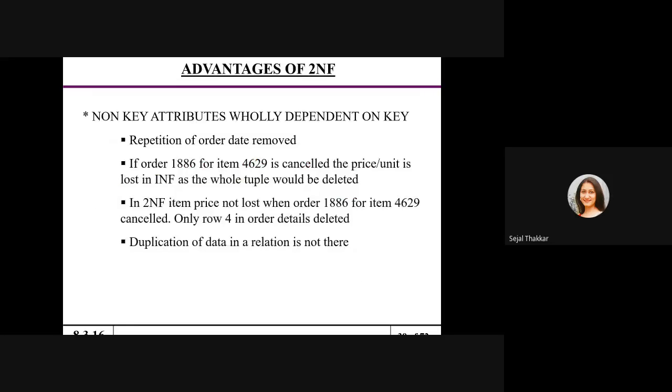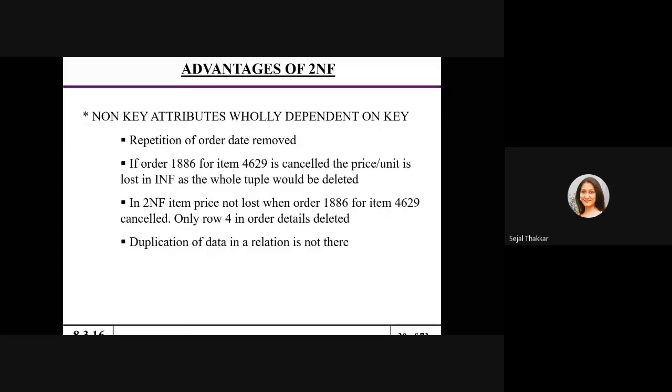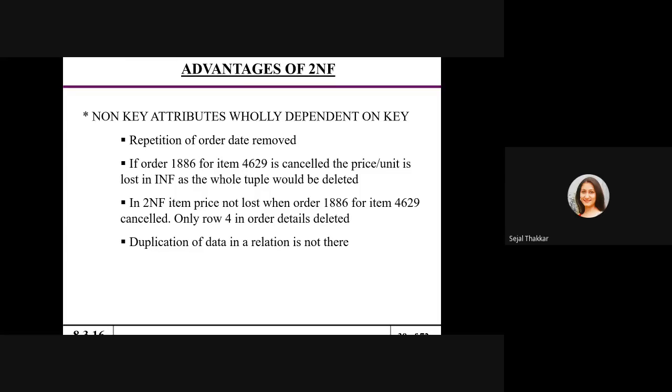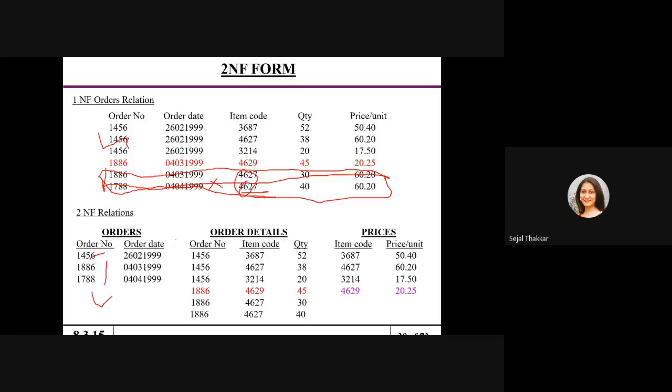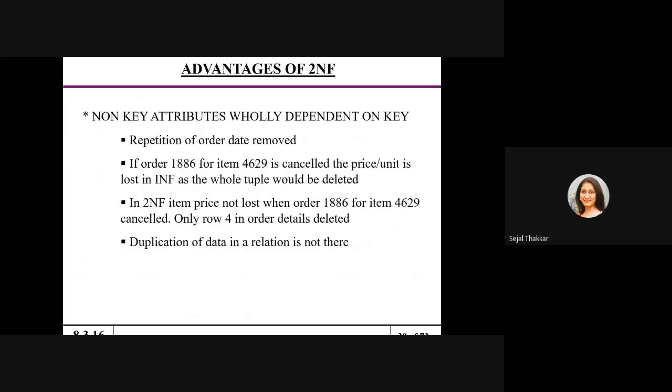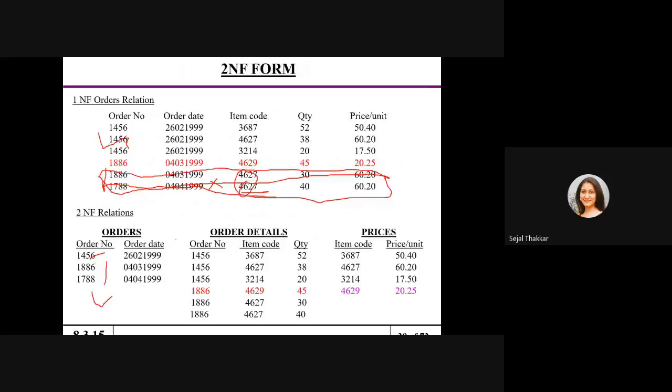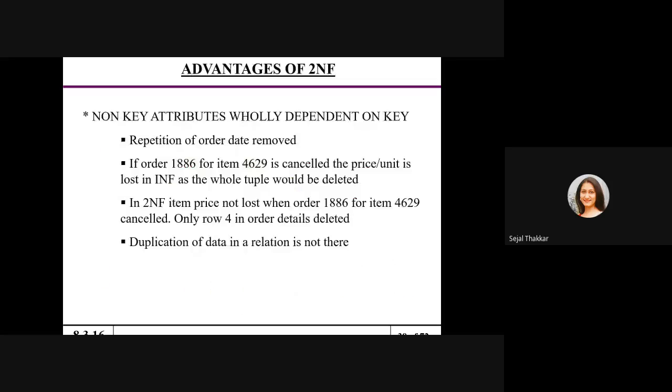In second normal form, the item price is not lost when order 1886 for item 4269 is cancelled. Only the rows in the order detail table are deleted, while the price table remains as it is. So the important information will not be lost.